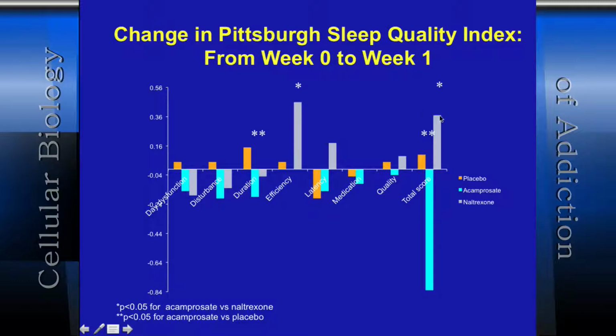But with acamprosate, you had the improvement from baseline, your decrease in symptoms from baseline on the various measures of sleep. And we've since learned through polysomnography studies that it's been shown to reverse alcohol-related changes in sleep architecture.